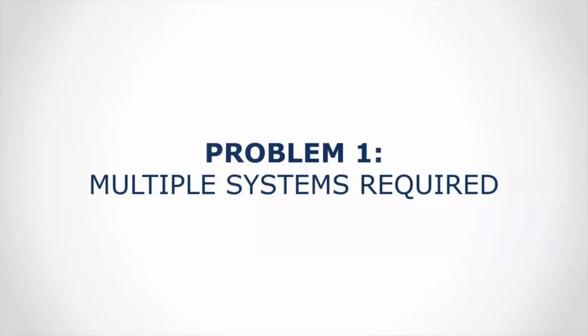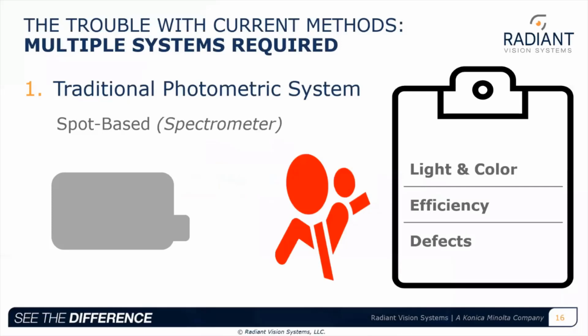Yeah, absolutely. The first problem is that really in many cases, multiple systems are required for complete evaluation. So for example, when using a spot-based photometer like we see here, the light and color accuracy is great. But to measure multiple points on the character requires either multiple systems measuring at the same time or a single system moving to different locations on the part and taking measurements.